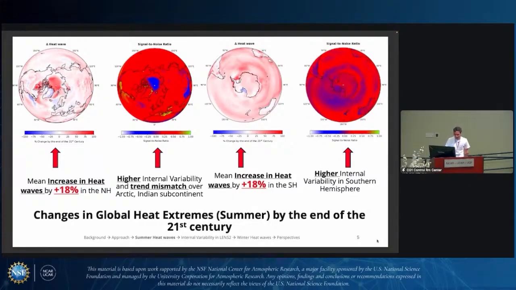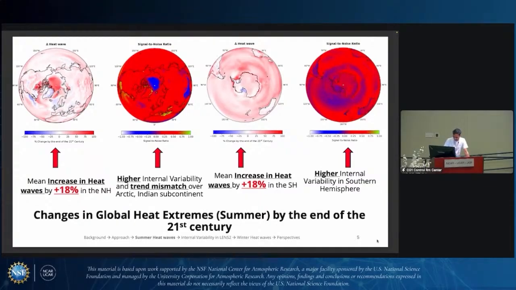What you infer from this is that the increase in summer heat wave frequency is projected to be almost similar in both hemispheres, around 18%. Internal variability plays a major role, especially in the polar regions, the Arctic in the northern hemisphere, and somewhat in the Southern Ocean as well.